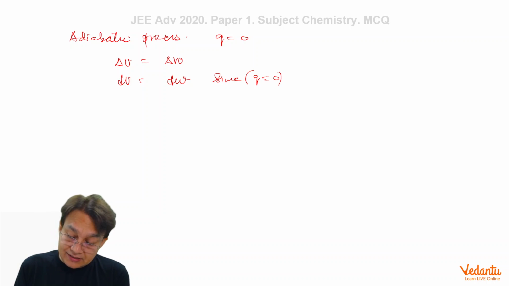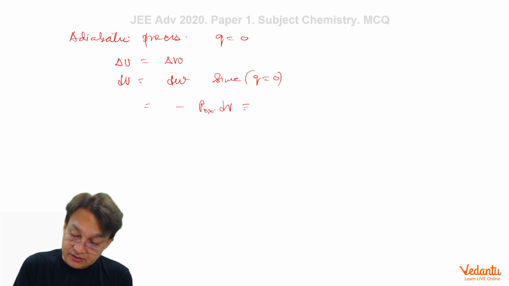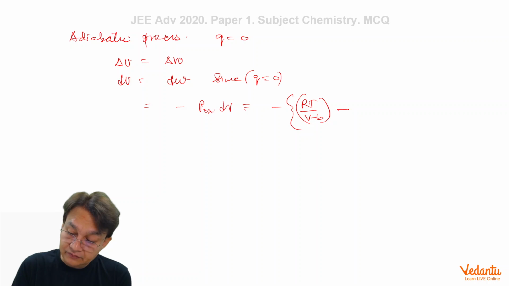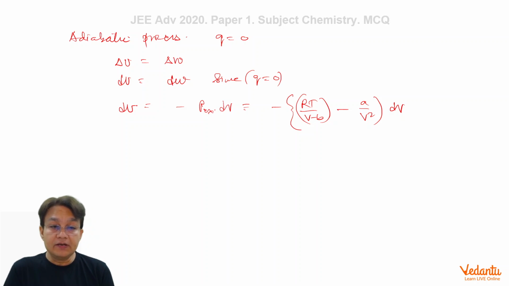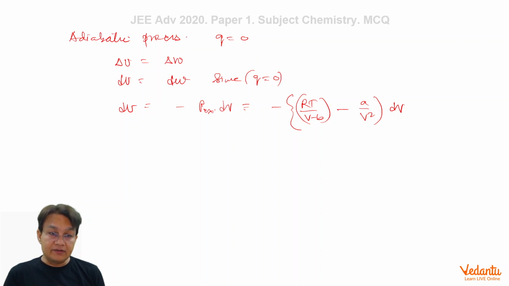But since the gas is a real gas, dW will be given by minus P external into dV, and once again it is going to be the same expression: minus RT upon V minus b, minus a upon V square, into dV, and the integral of this will give you the work, and dU is equal to this. By using this expression, we can deduce something about the adiabatic process.